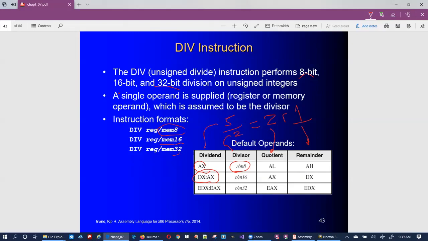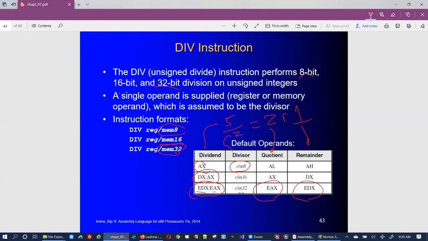And if we're dividing using a 32-bit number, the dividend is going to be up to 64 bits. So we need 2 of these E registers. And the result, the quotient, goes back into the EAX, and the remainder takes up the upper half.